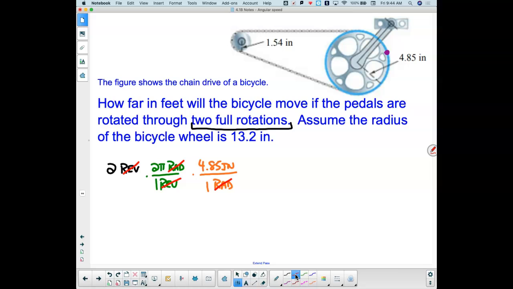So now, what have we found? Right now, as we sit, what do we have? Inches of what? Chain moving. The chain moving, because we're at the purple dot yet, right? So that purple dot has moved that many inches, which means the chain has moved that many inches. So now I'm on the chain. The chain will allow me to come over here, and if I put an X on that one, how far has that X moved?